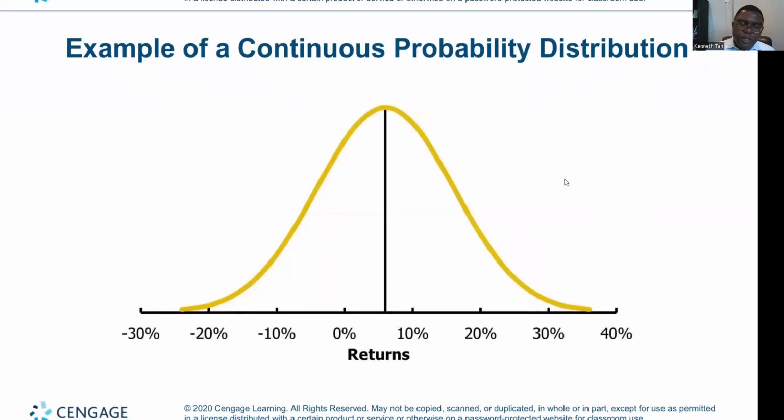It is continuous because the data can take any value within a specified range, unlike discrete, where the data can only take certain values. The data can take this value, this value, any value within the specified range.